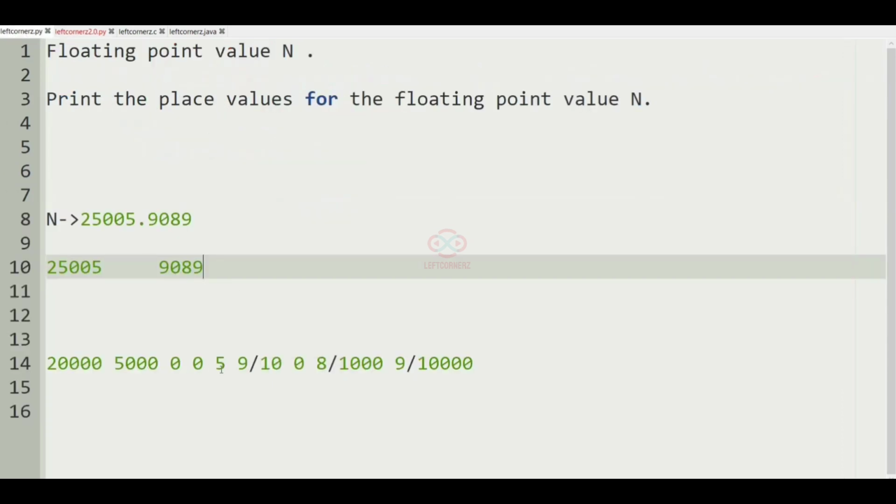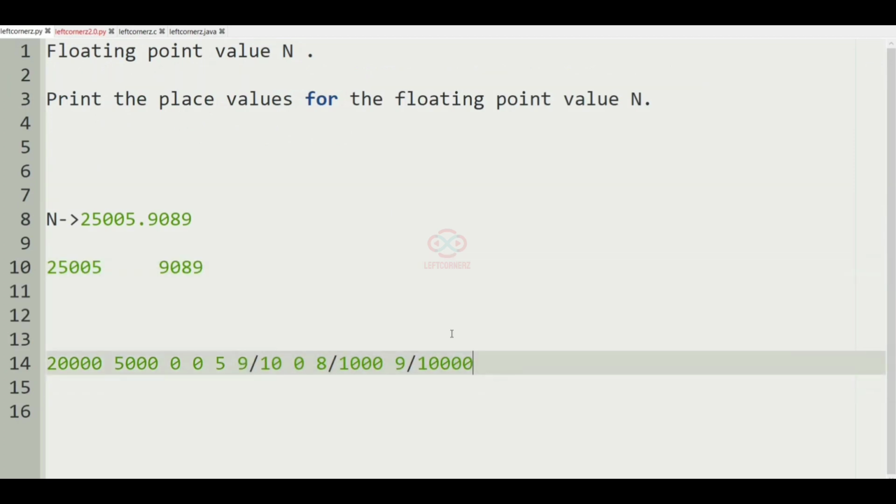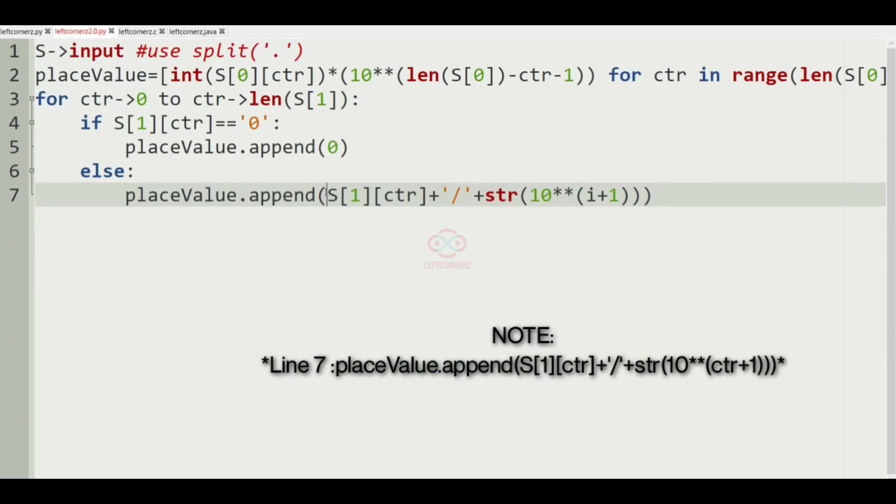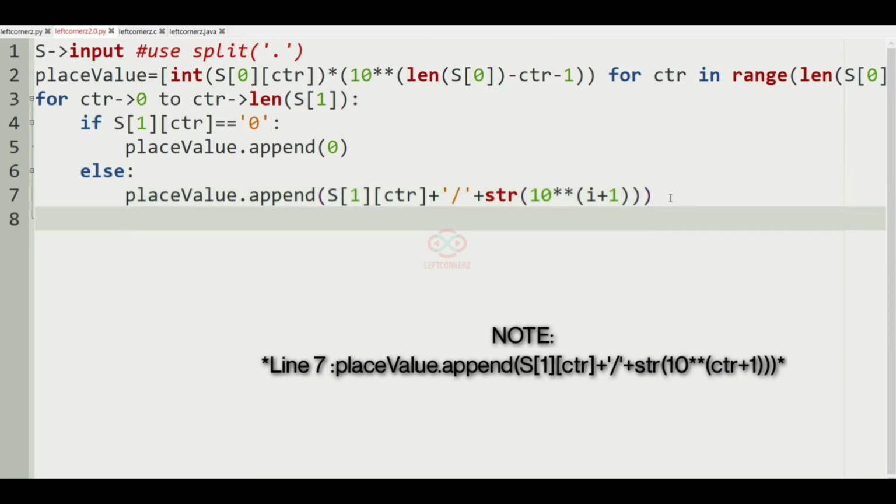As you can see, in this test case we had the division symbol for the integers after the decimal point.